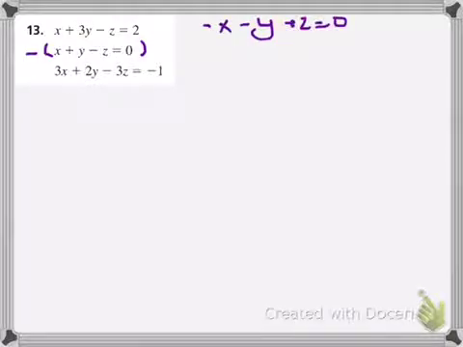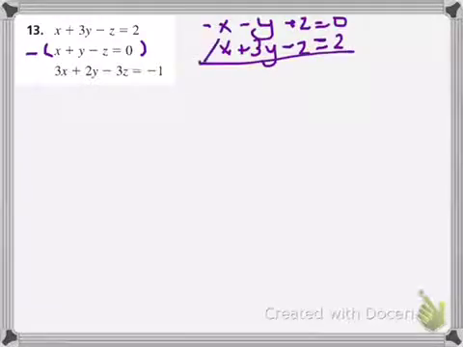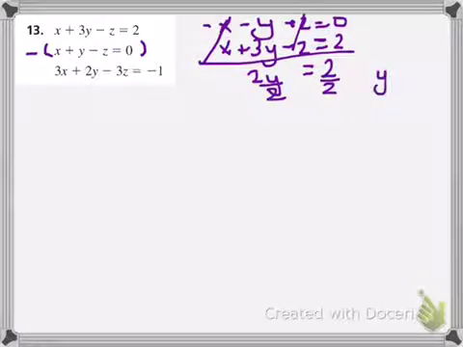And then I'll take the second equation and I'll do x plus 3y minus z equals 2. So I add them together, the x's cancel. I have 2y equals 2. Divide by 2. So y equals 1.